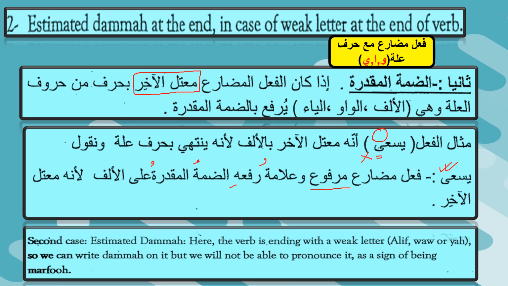It is مقدرة, assumed, estimated over the alif, and this alif is actually alif maqsura, لأنه معتل الآخر, because it has a weak letter at the end. So this is the i'rab that you have to give whenever you come across a فعل مضارع with a weak letter. So now let's check the third type.